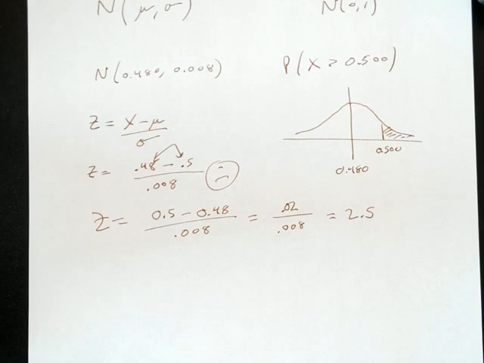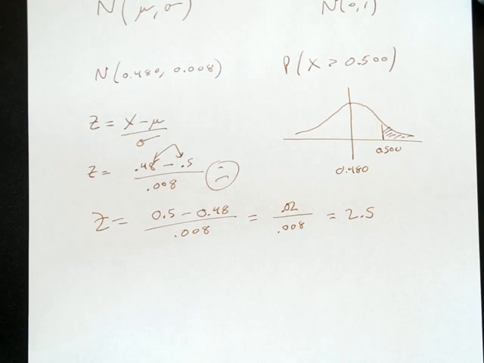Okay, now I have the z value. If I'm using the tables, you have two choices. You want to use table 1 or table 2? By hand. Which table do you want to use? Table 1.